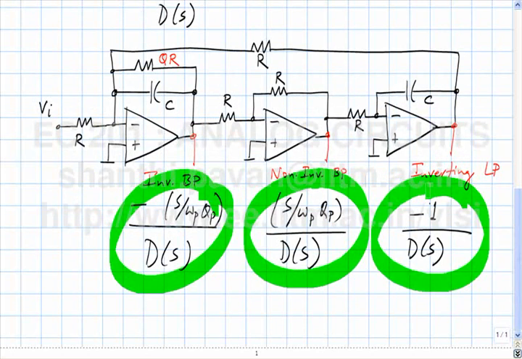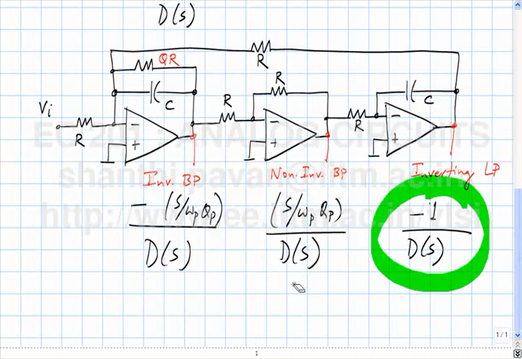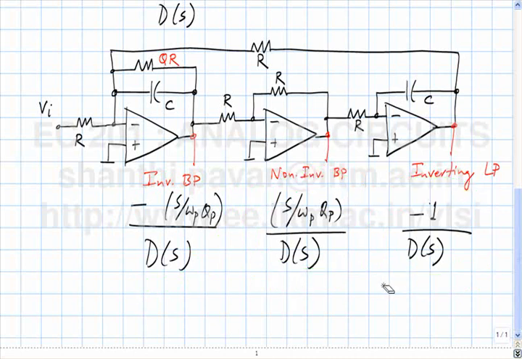The question is, can you do something and realize an arbitrary numerator?